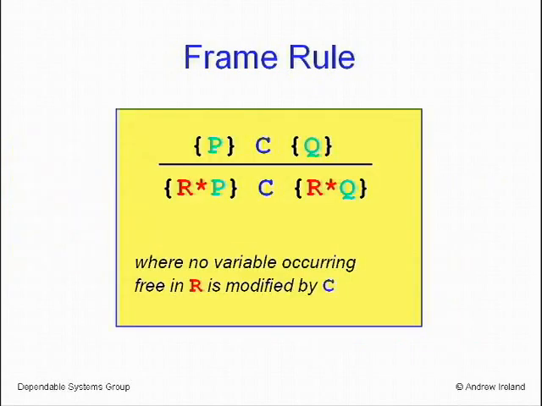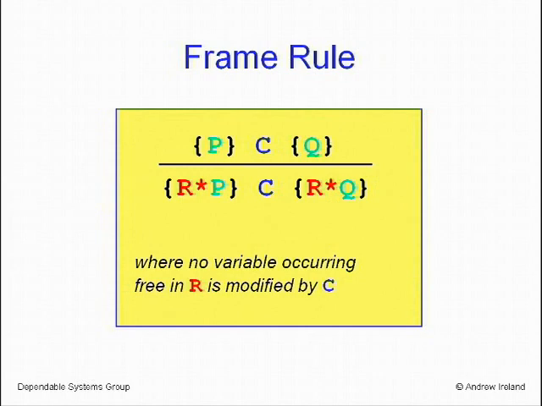So a cornerstone of the logic, not surprisingly, is the frame rule. This is the rule which, linked with the separating conjunction operator, allows us to get this local reasoning. It allows us to decompose larger specifications and programs into smaller specifications and programs.